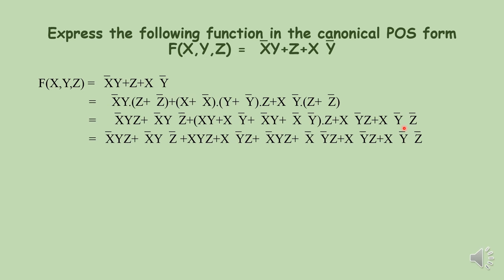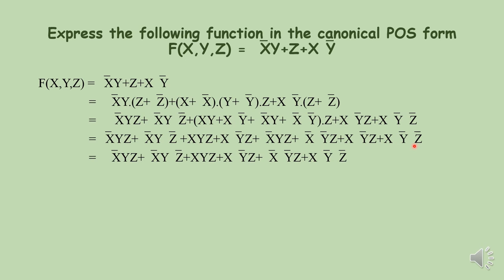In the third step, we get x bar yz plus x bar yz bar, and this term multiplied with z gives xyz plus xy bar z plus x bar yz plus x bar y bar z, plus xy bar z plus xy bar z bar.